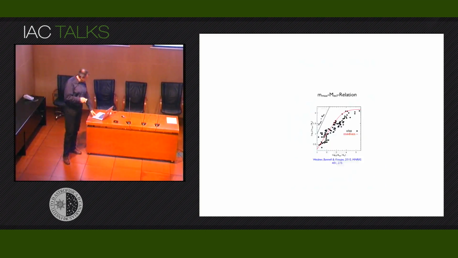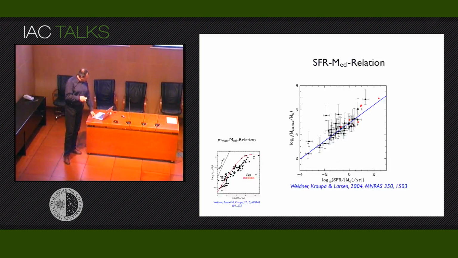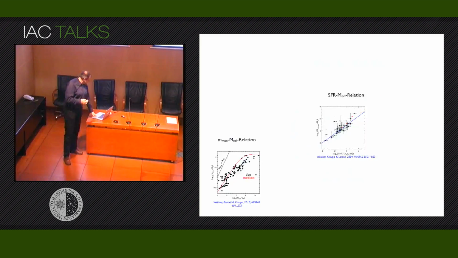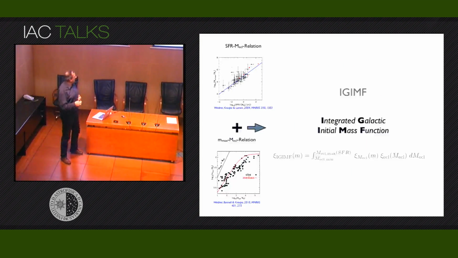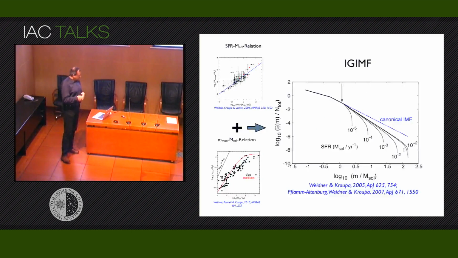And if you now take all these ingredients, which is the relation between the most massive star and its star cluster, the relation between the star formation rate and the most massive star cluster in a galaxy, and the cluster mass function, you can actually calculate the IMF of a whole galaxy, which we call the integrated galactic initial mass function.